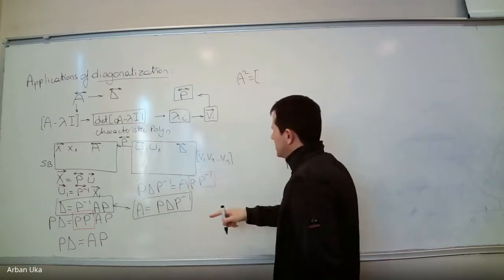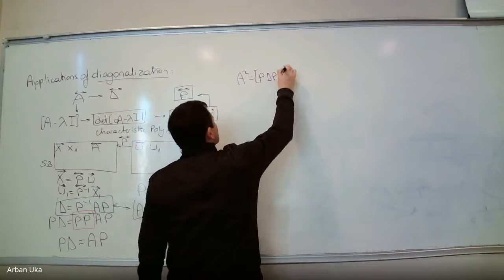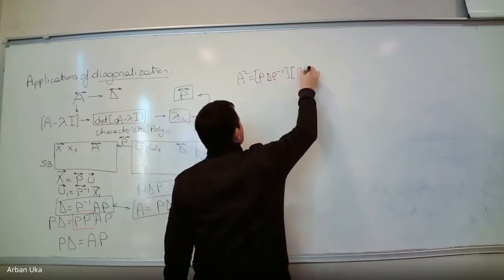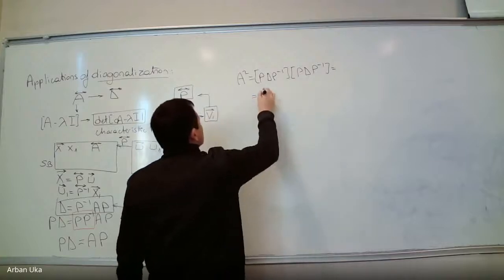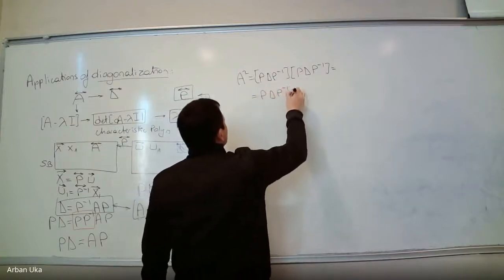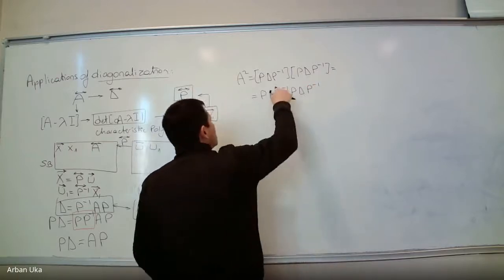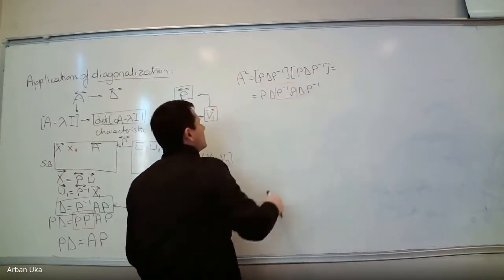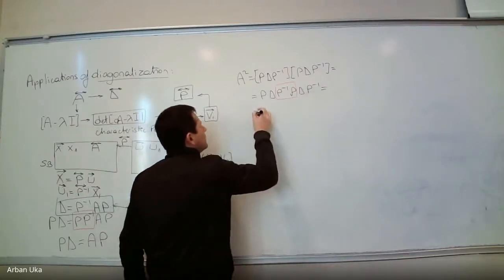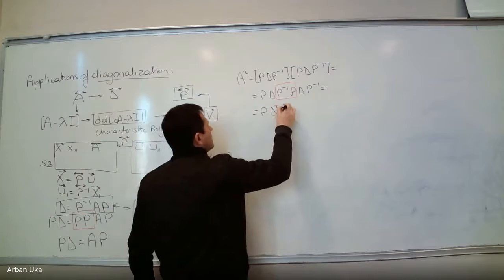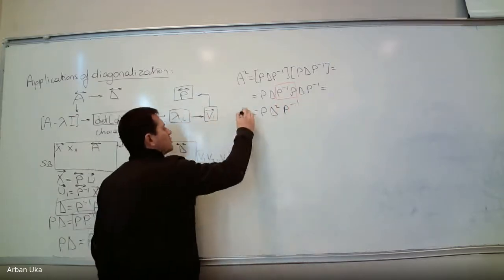A squared is equal to PDP inverse times PDP inverse, which is equal to PD P inverse PD P inverse. So these two, if we multiply them, we get the identity matrix. So here we get P D squared P inverse. So this is A squared.